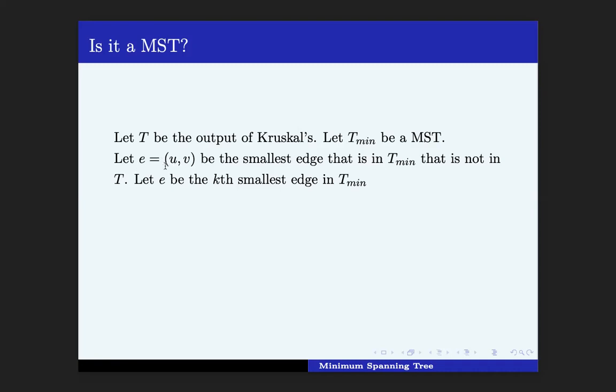Say the edge E, say UV, is the smallest edge in T min that is not in T. Say that E is the kth smallest edge in T min, so there are these edges beforehand, all of them, right?